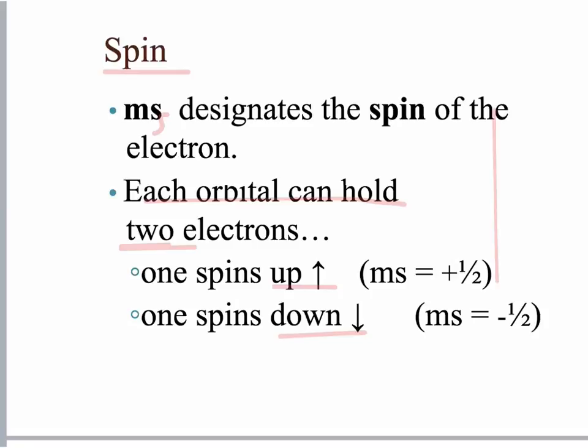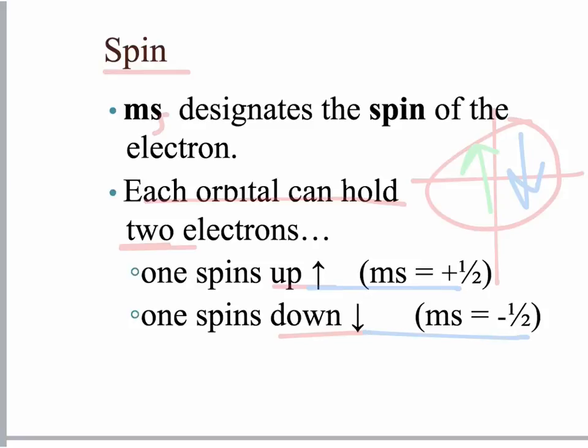So let's think about a very simple spherical shaped orbital with its 2 electrons. In there you have one electron spinning up and another electron spinning down. So one has a magnetic quantum number of +1, that's the one that's spinning up, and one has a magnetic quantum number of -1, that's the one that's spinning down.